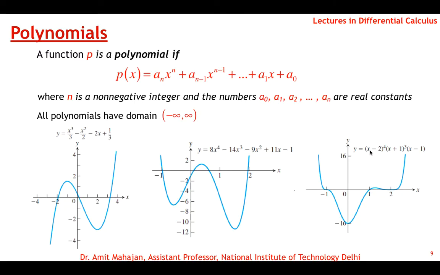At x equals 2 there is a fourth power, so near x equals 2 the curve has flattened. Similarly x plus 1 to the power 3: near x equals minus 1 there is a third power, so the curve has flattened here. And at x equals 1 there is a first power, so near x equals 1 it is not that flat.